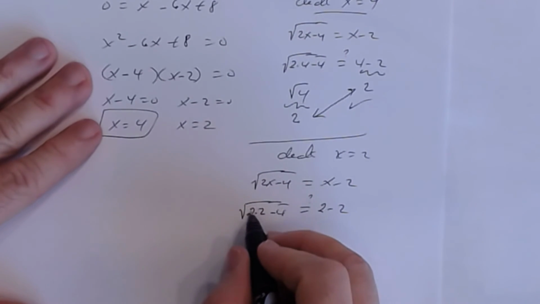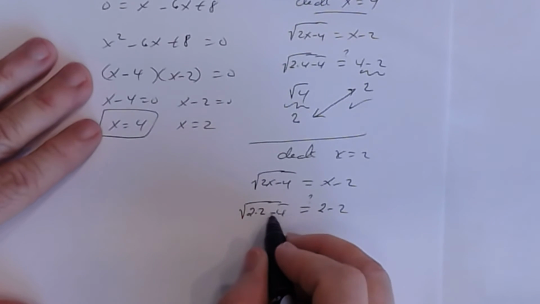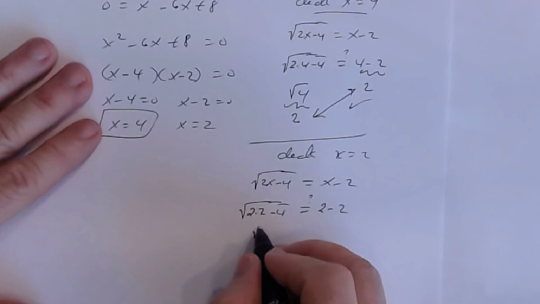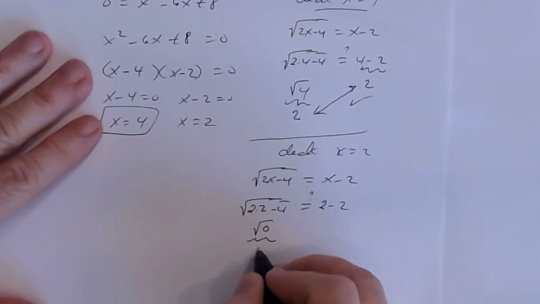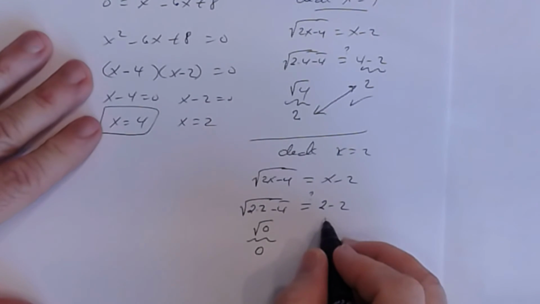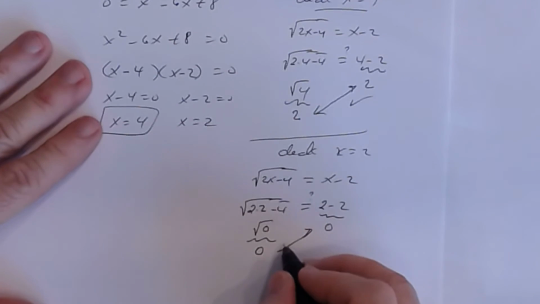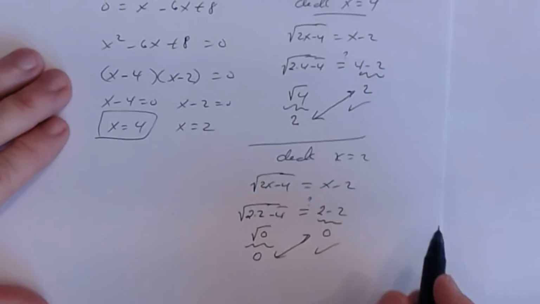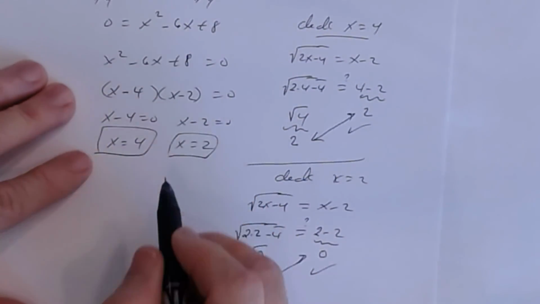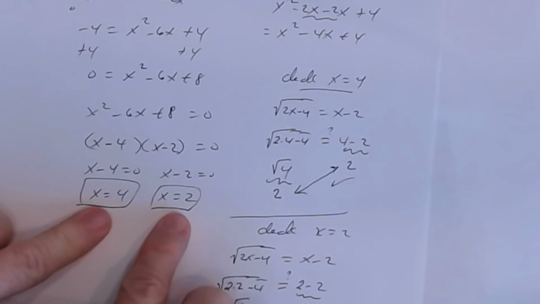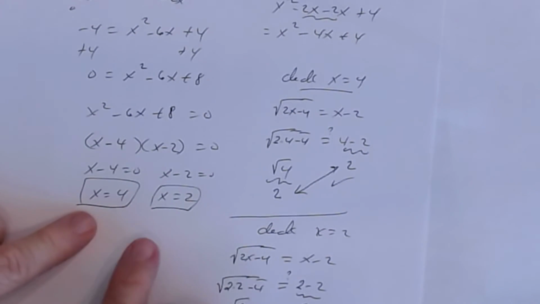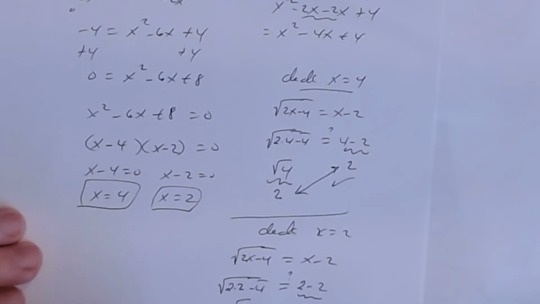Well, 2 times 2 is 4, and what's 4 minus 4? 0. And the square root of 0 is 0. Well, what's 2 minus 2? 0 as well. Notice those are equal. So it turns out that in this particular case, both proposed solutions are solutions. I don't have any extraneous solutions here. So those are your solutions.